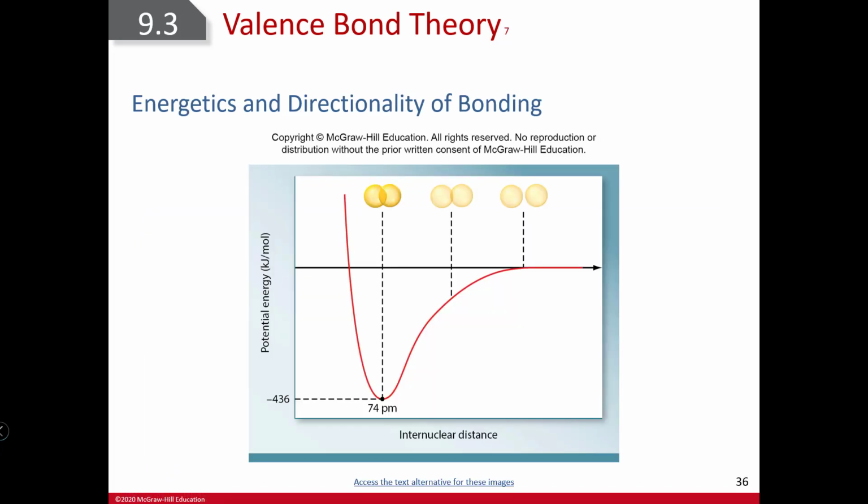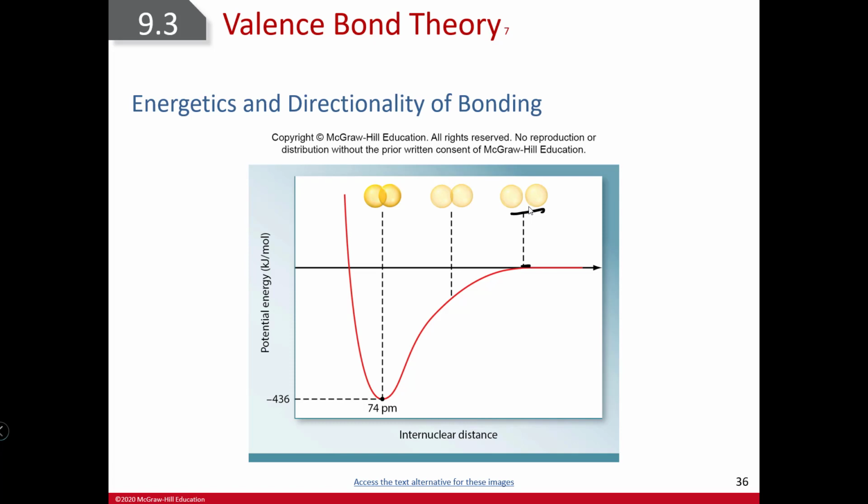So this is what I've been saying. This is what we would graph. If we graph this, we see that in the case of two hydrogens, here are two hydrogens acting independently, and they have a baseline energy of this.